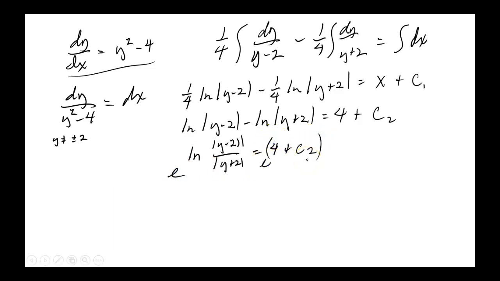Well, e of a log is absolute value y minus 2 over absolute value y plus 2 is equal to e to the 4x plus C2. Wait, I left off an x. 4x. Yuck. 4x.